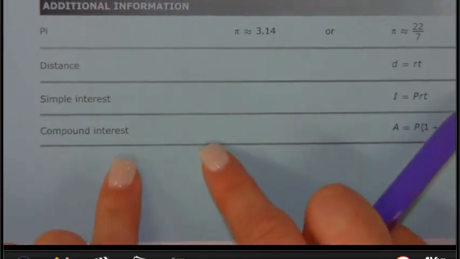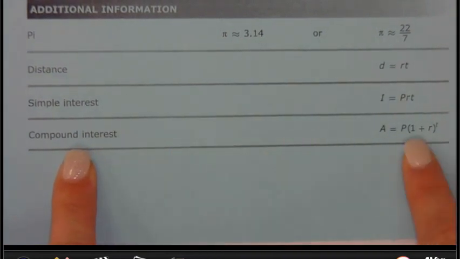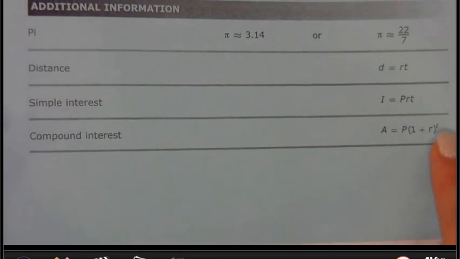This is your 7th grade reference chart, taped inside of our spirals. Look all the way down here, where I'm given my simple interest formula and my compound interest formula, A is equal to P times 1 plus R to the T power.